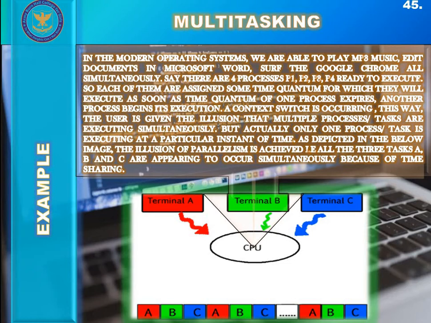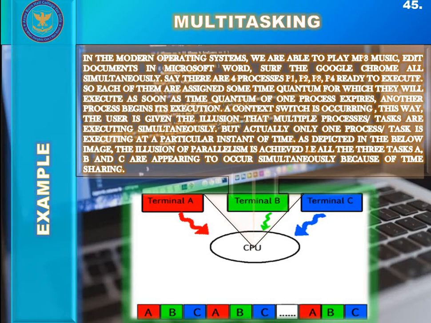As one process begins execution, say process 2 begins the execution, it executes for that quantum of time, 5 nanoseconds. After 5 nanoseconds, the CPU starts the execution of the other process, let's say process 3, for the specified quantum of time. Thus, the CPU makes the processes share time slices between them and execute accordingly.